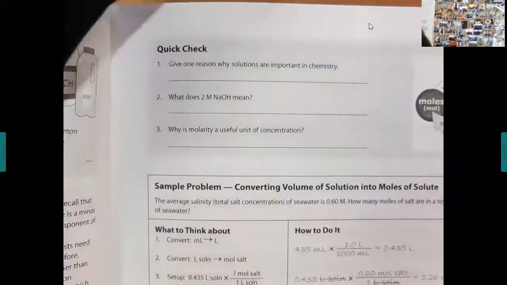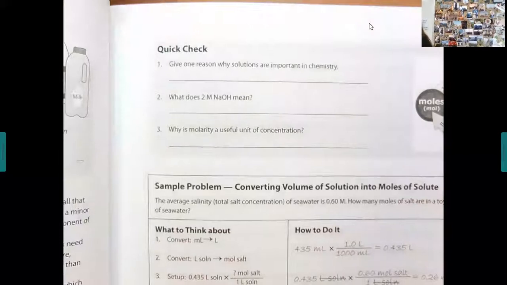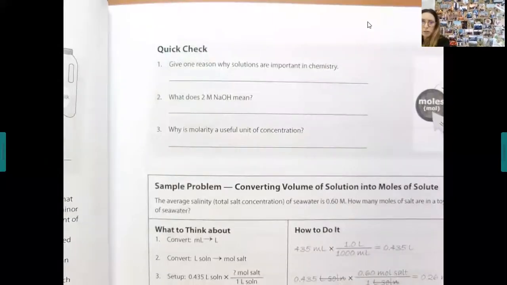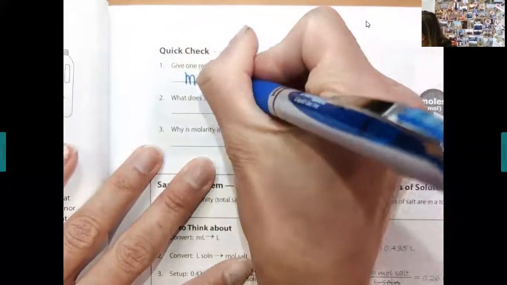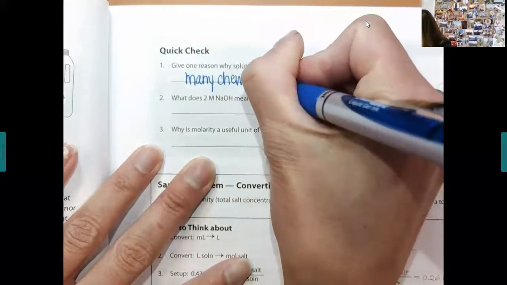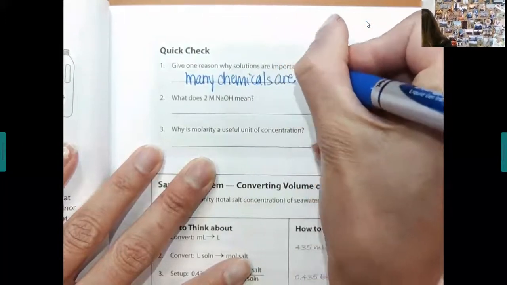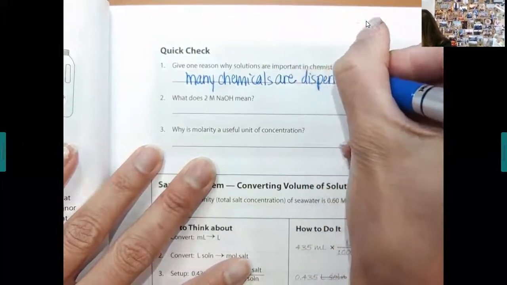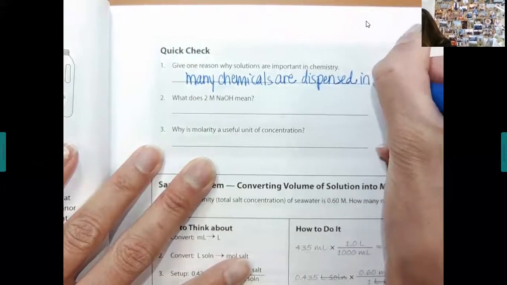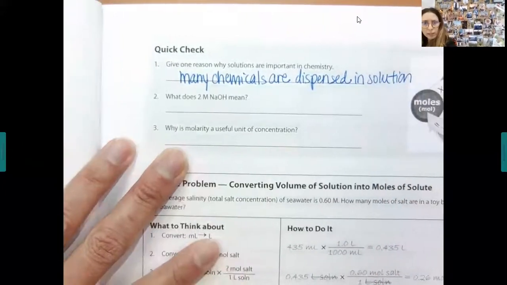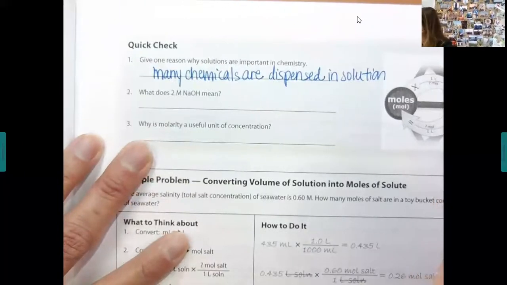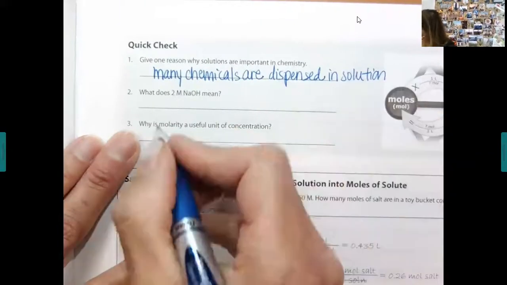It says, give one reason why solutions are important in chemistry. Well, many chemicals are dispensed in solution. Okay? And what does 2 molar NaOH mean?